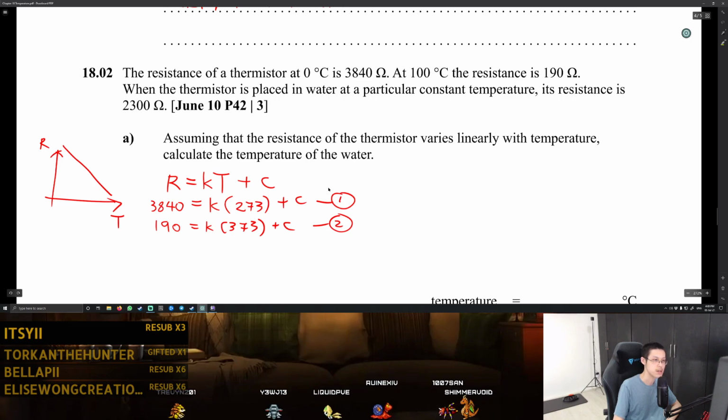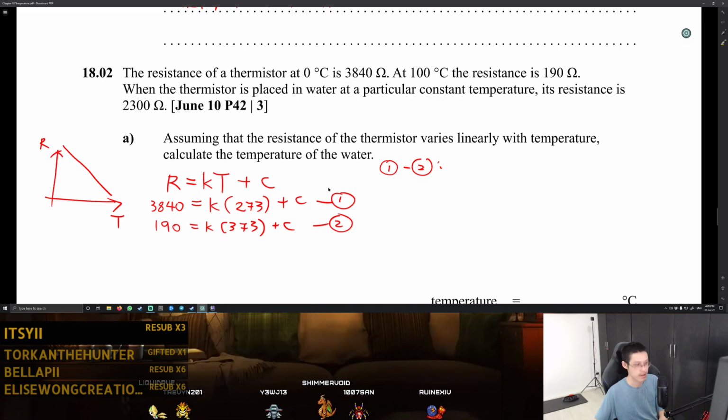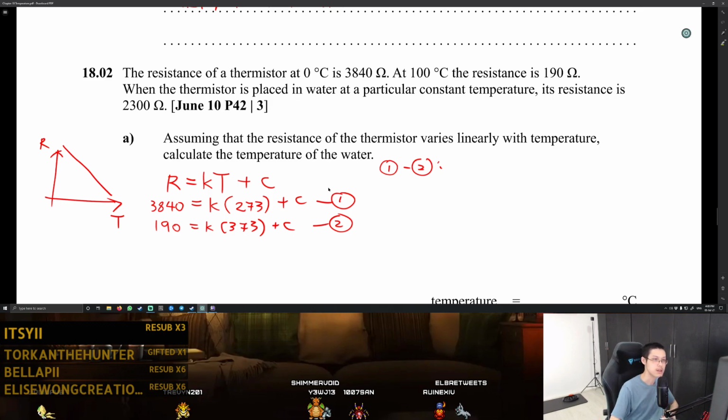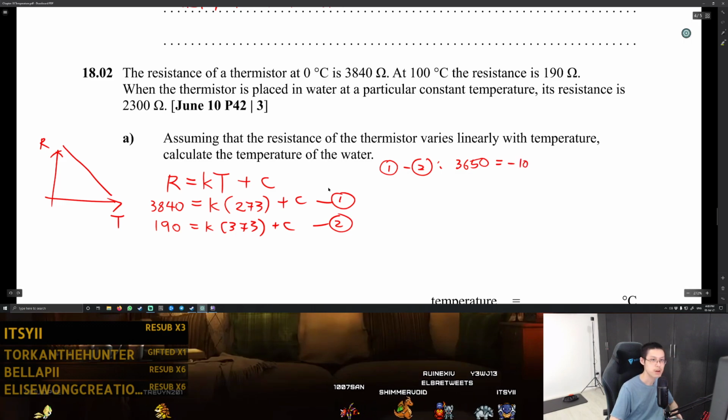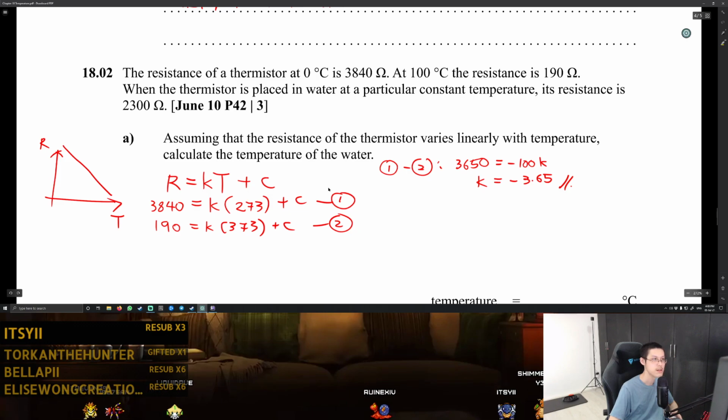So we're going to take equation 1 minus equation 2. We get 3650 = negative 100K. C's cancel, so we get K = negative 36.5. There we go. And then we can find C.